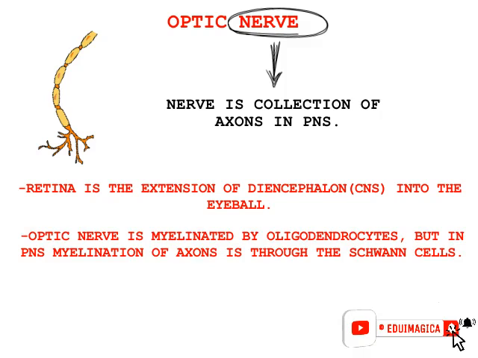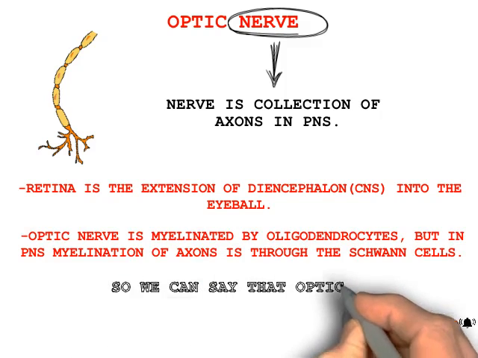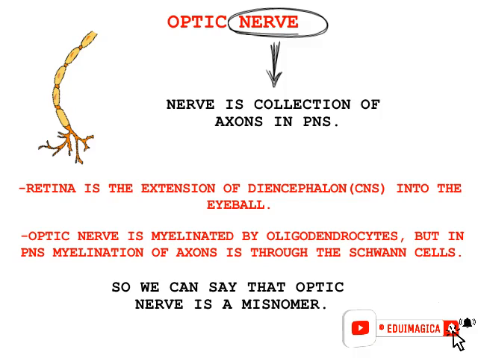So here we can also assume that optic nerve is a misnomer, and please note that here we don't have Schwann cells, so we will not have regeneration of the optic nerve.